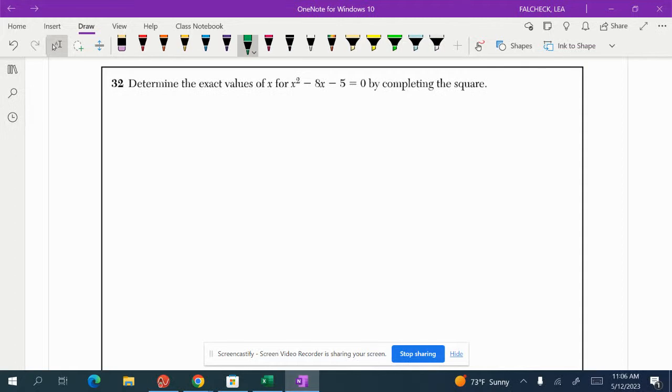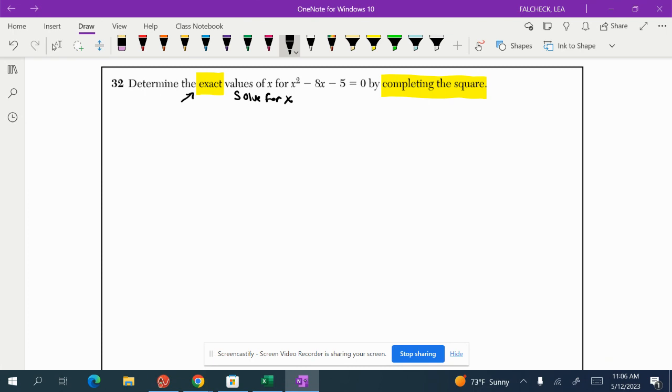32. Determine the exact values of x for x squared minus 8x minus 5 by completing the square. Okay, so we are going to determine the exact values of x, which is a fancy way of saying solve for x.